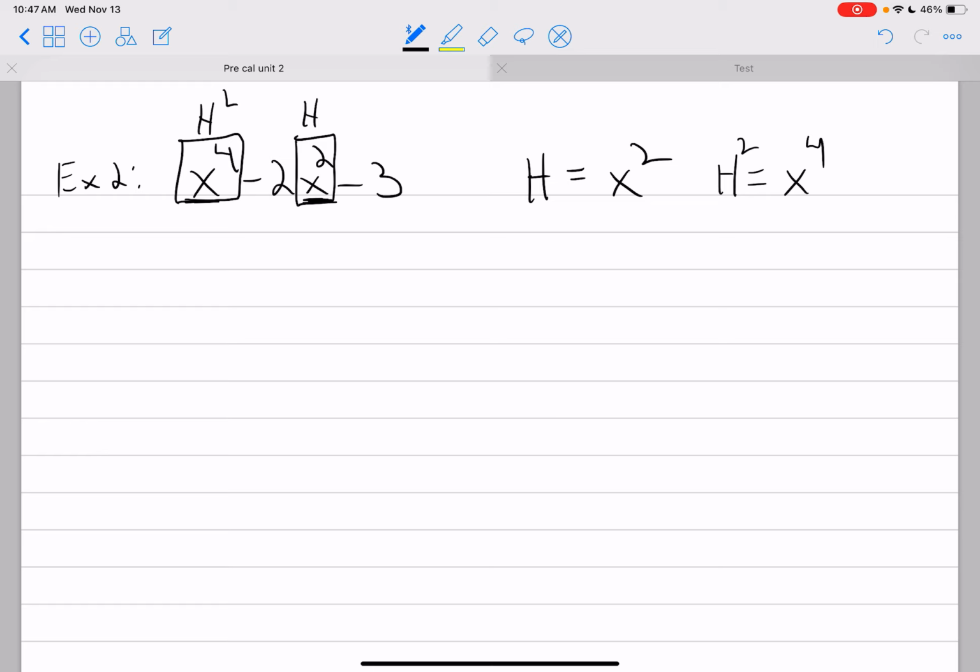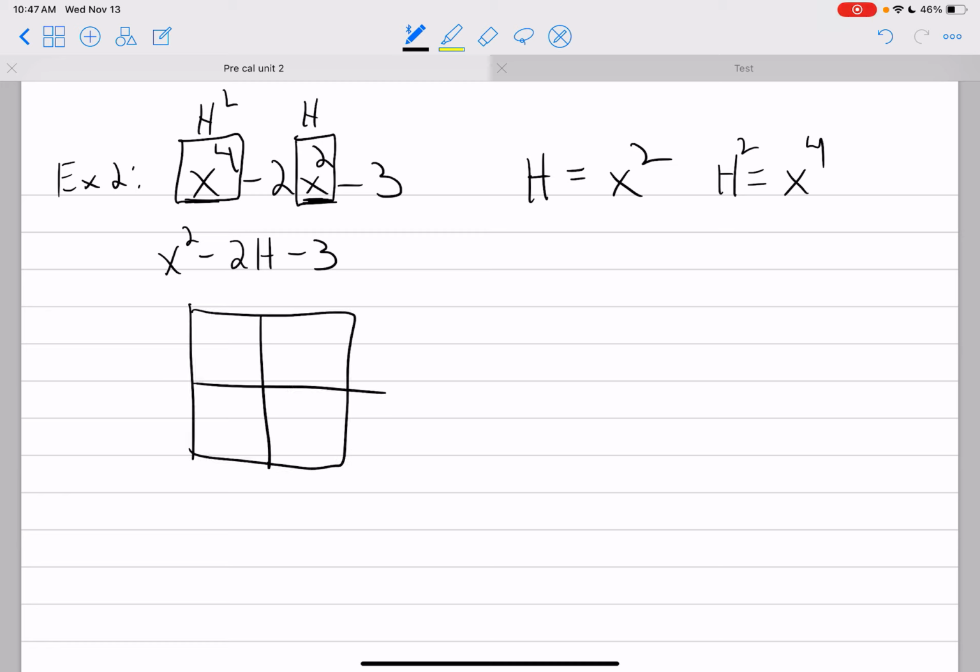Cool, you did it. So you had h squared minus 2h minus 3. Easy work. Boom, boom, boom. Oh, I said h and wrote x, didn't I? H squared minus 2h minus 3. They need to add to negative 2.